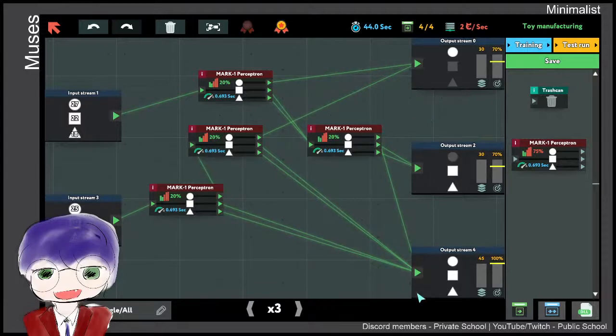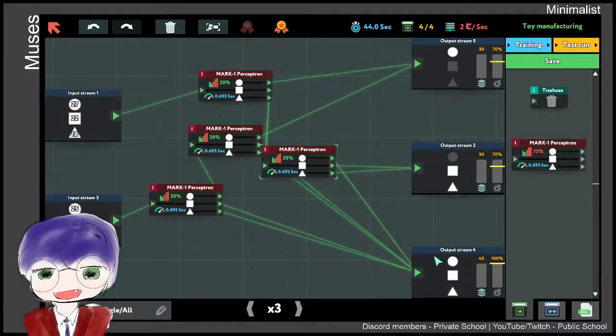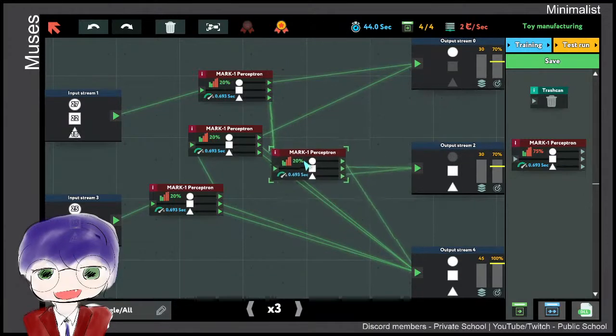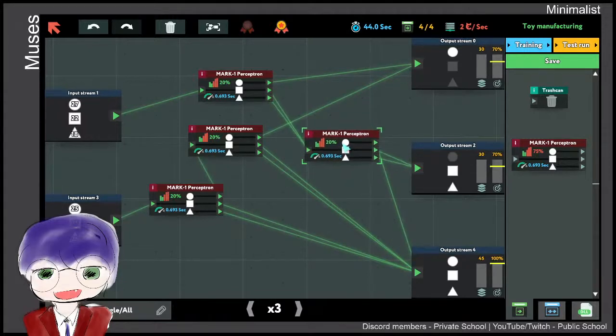One third goes into output stream 4, and it's not exactly one third, right? Because you'll notice that I'm only taking the circles out of this. So essentially I am taking the 20% failure rate that are circles here, and I'm putting 80% of that in here, and I'm taking everything else, and I'm taking the 20% failure rate of those two, and I'm putting it in here.